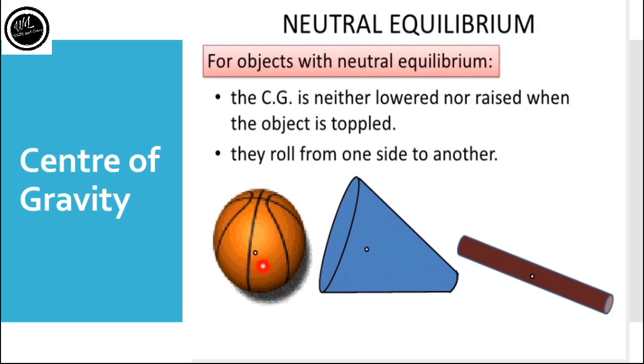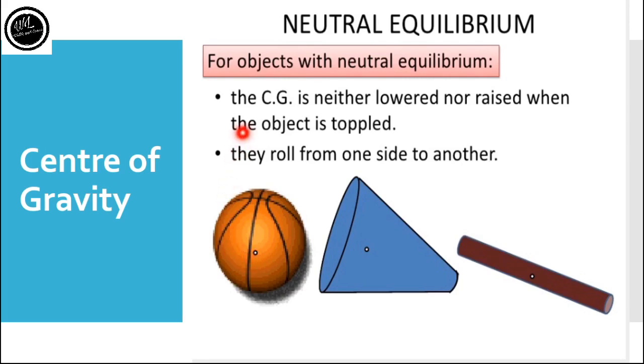This is a ball. We can take an example of a rolling ball, that when I roll the ball, it will attain a new position after being disturbed from its previous position, and it will not come back to its previous position. Then the body will be in a state of neutral equilibrium.